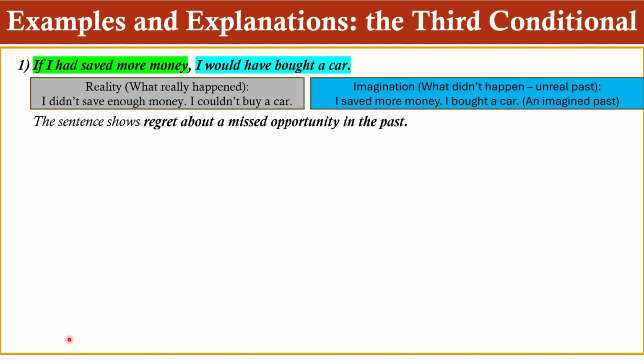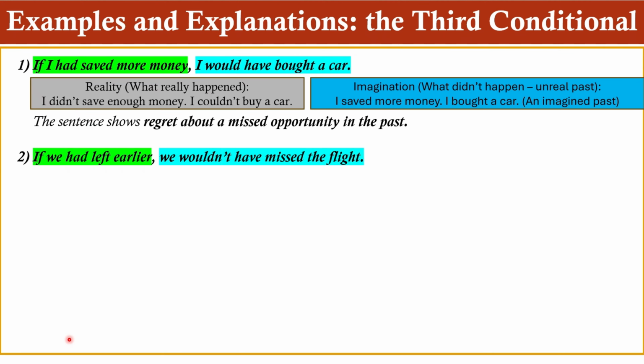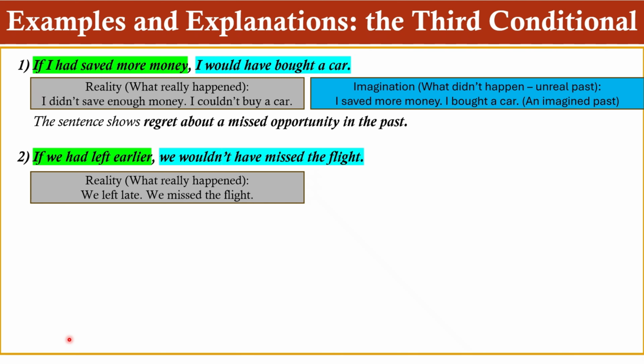Let's see another example. If we had left earlier, we wouldn't have missed the flight. Again, we are imagining a different past, a situation that didn't happen. We are simply reflecting on what could have been different. In reality, we left late and missed the flight.